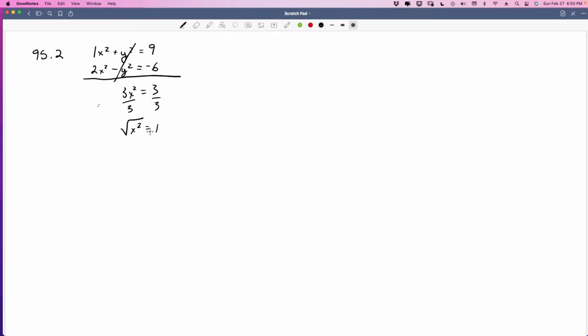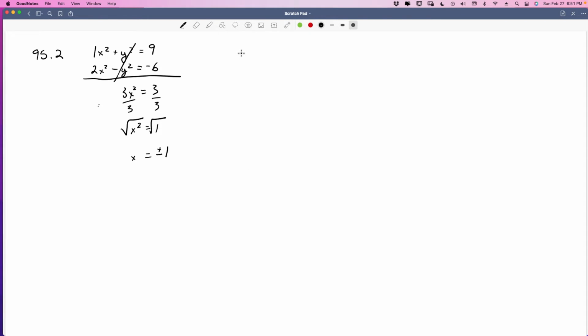So if we unsquare both sides, we get that x is equal to plus or minus 1. So positive or negative 1. And we get that because we took it out of the radical sign. And when we do that, we recognize the fact that it could be positive 1 times positive 1 or negative 1 times negative 1. So we have two outcomes that we need to solve for.